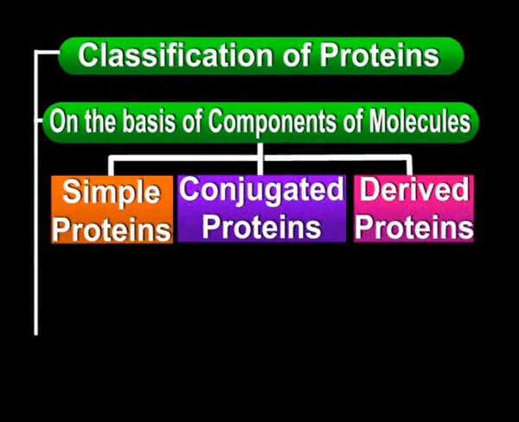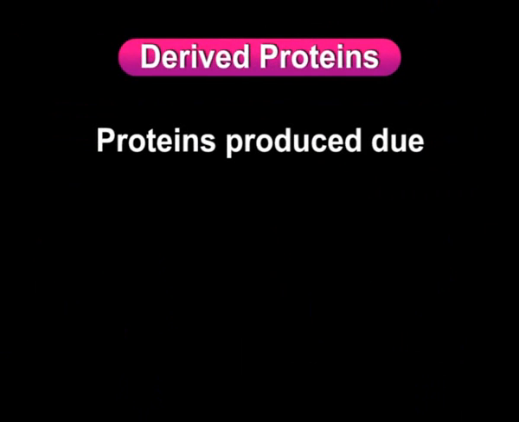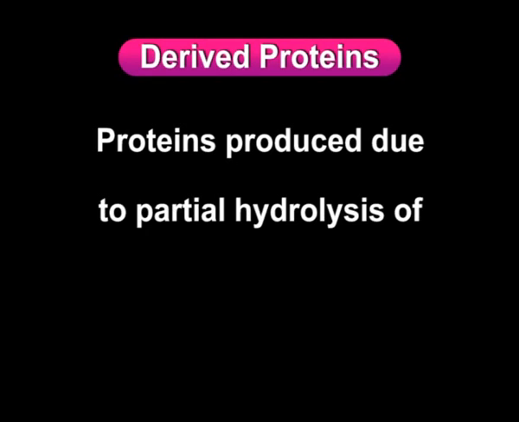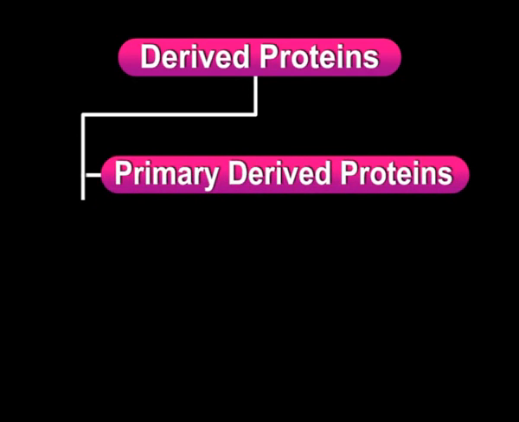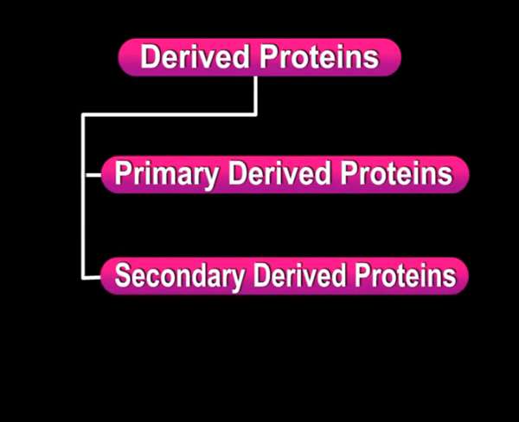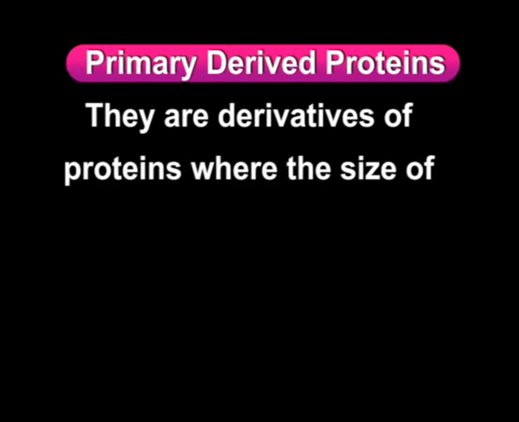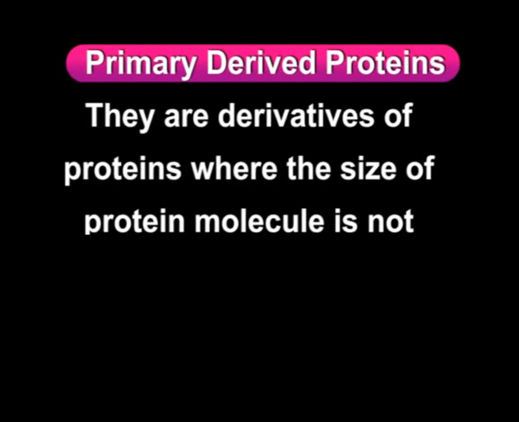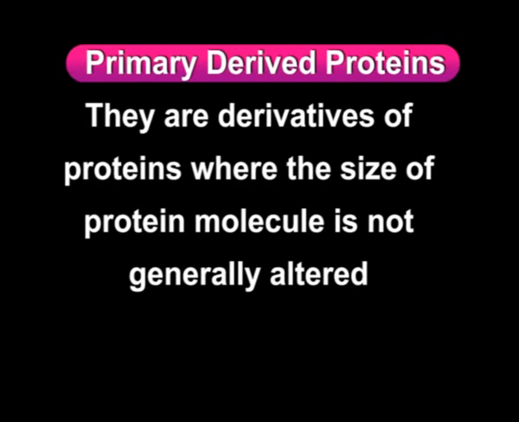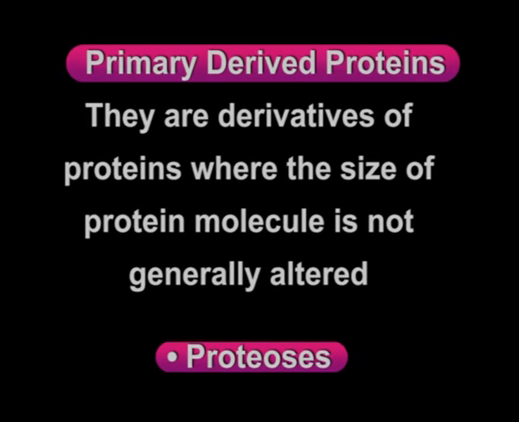Third is derived proteins. Such proteins are the proteins produced due to partial hydrolysis of natural proteins. They can be of primary or secondary types. Primary derived proteins. They are derivatives of proteins where the size of protein molecule is not generally altered, such as proteosis.